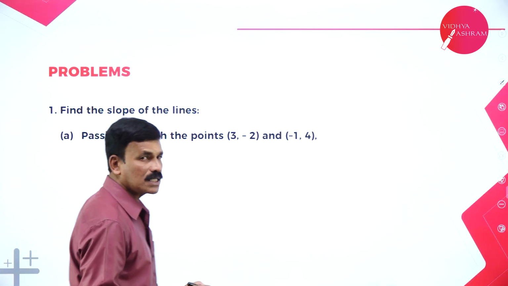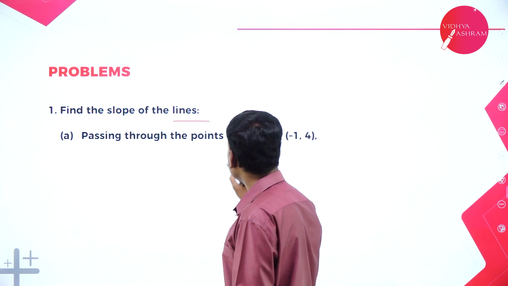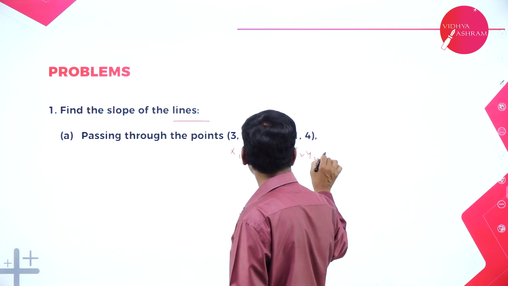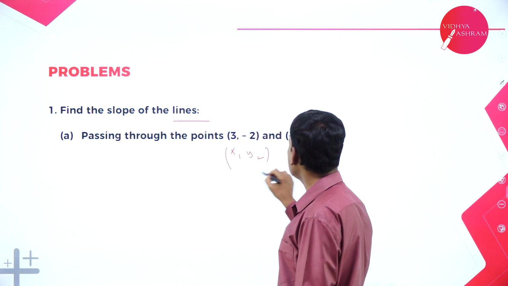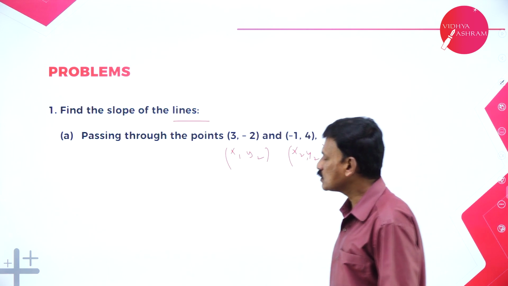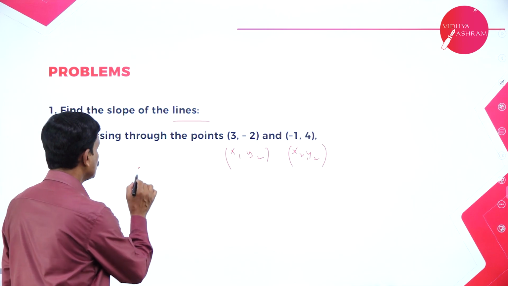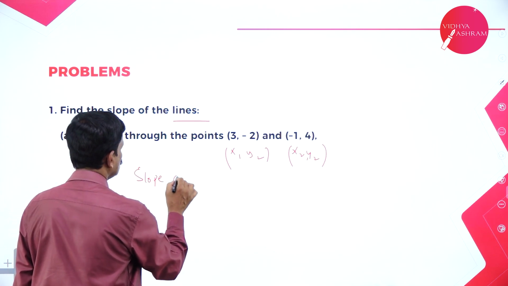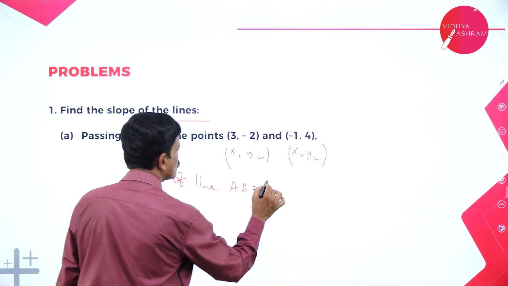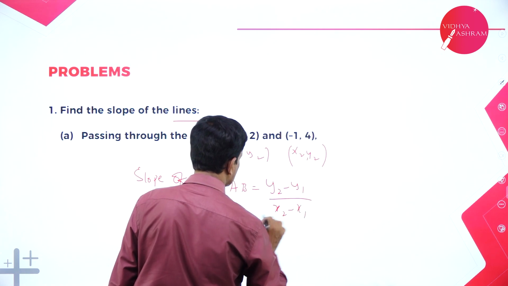Right. Now let us take an example. Find the slope of a line joining the points A (x1, y1) and B (x2, y2). Here (x1, y1) is (3, minus 2) and (x2, y2) is (minus 1, 4). The slope of the line joining the points AB is y2 minus y1 divided by x2 minus x1.